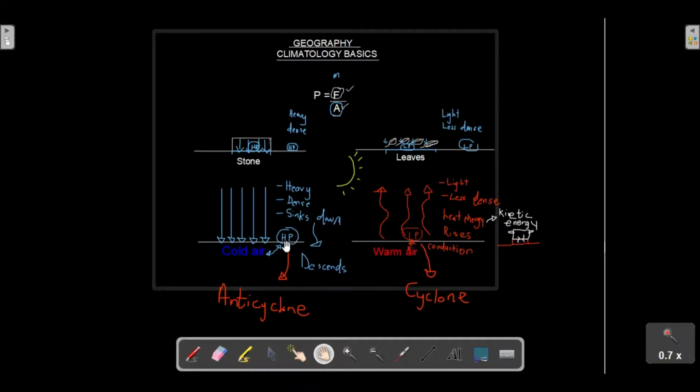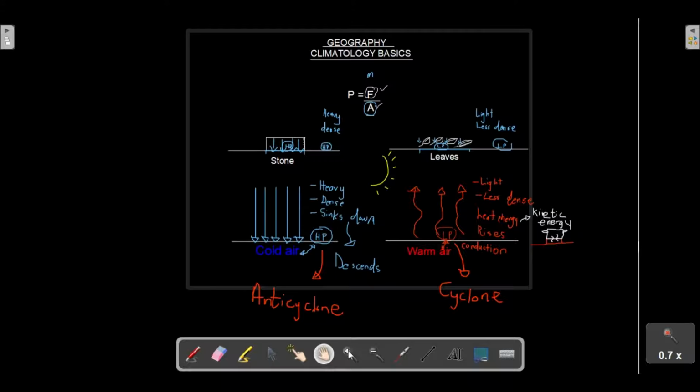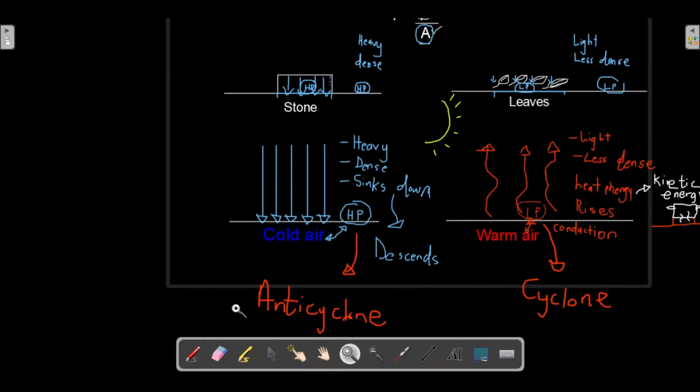So this is not all. First of all, this cold air creates an area of high pressure. Good, that's fine. But do you think that it goes through the ground when it is sinking down? No, of course not. It cannot just go through the ground.